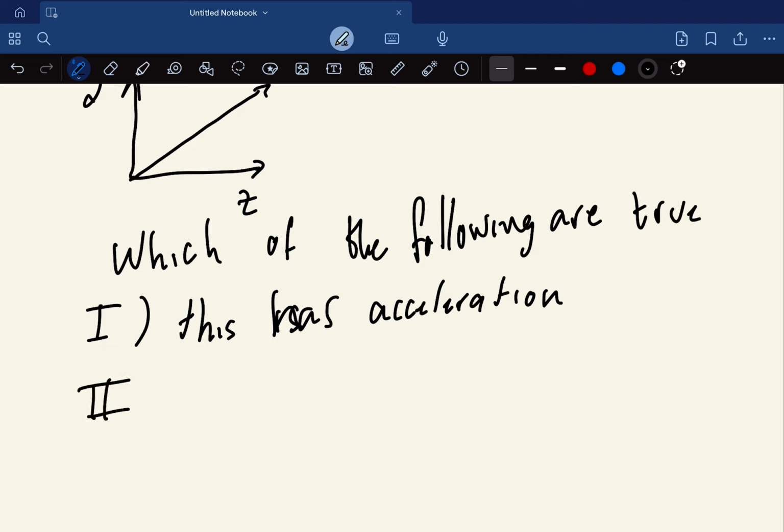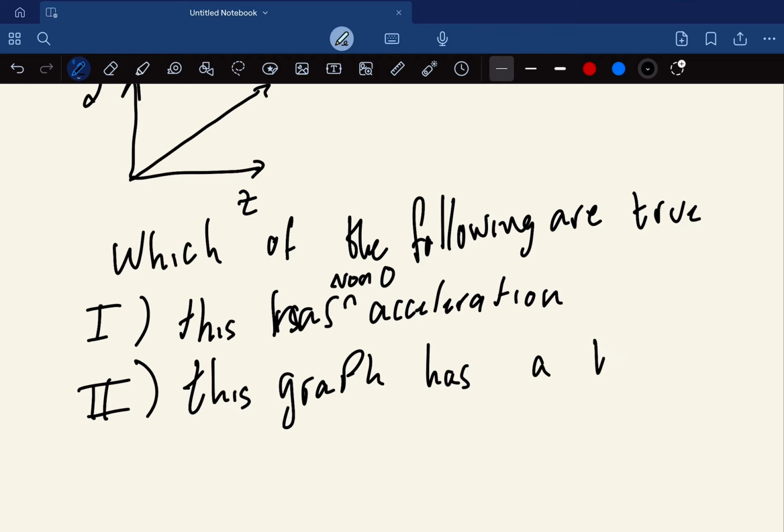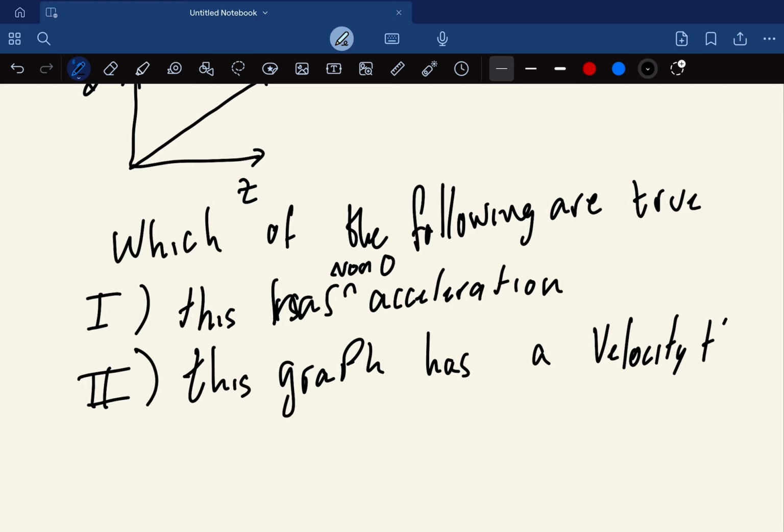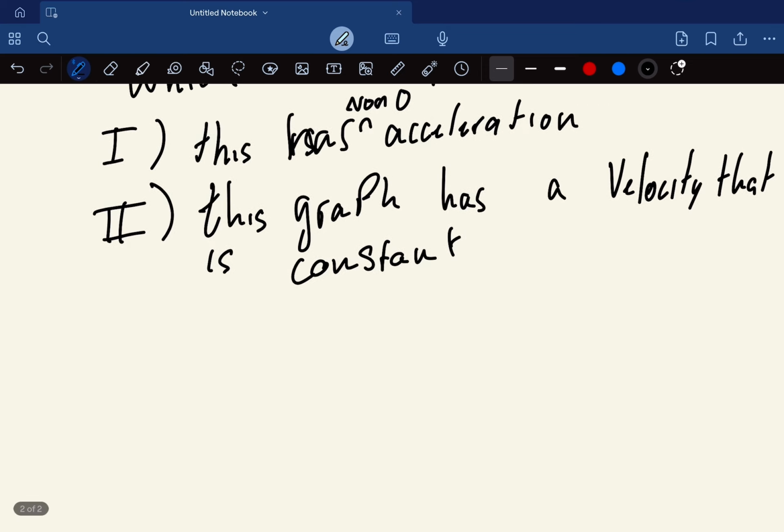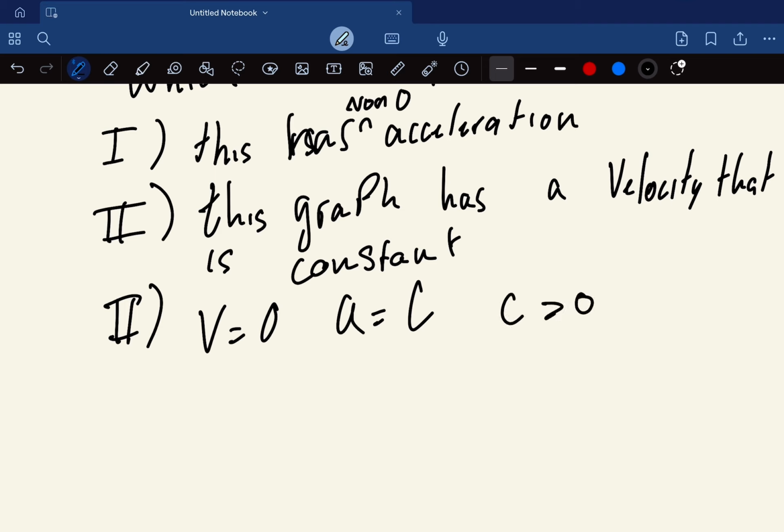Now, the second is this graph has a velocity that is constant, and the third is that v equals 0 and a is equal to some constant c, where the absolute value of c is greater than 0.